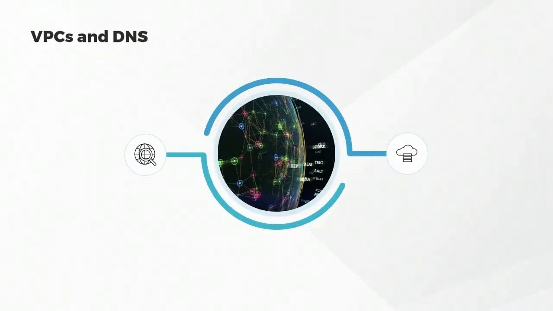We briefly mentioned that DNS options are available with the DHCP options set resource. The default is that DNS name resolution is enabled using Amazon-provided DNS servers. That means if, for instance, you deployed virtual machines in a subnet, in a VPC, they will be able to resolve internet names to IP addresses.